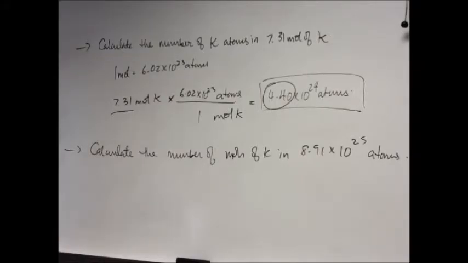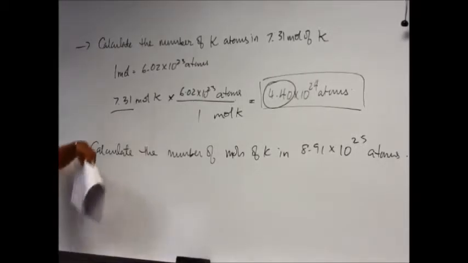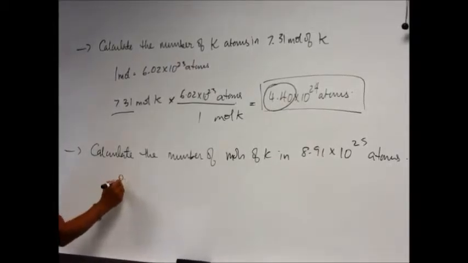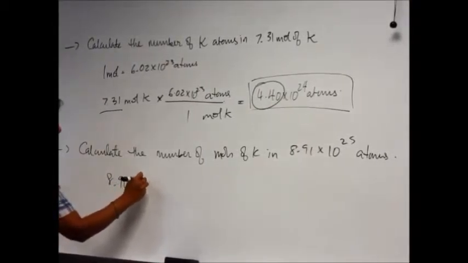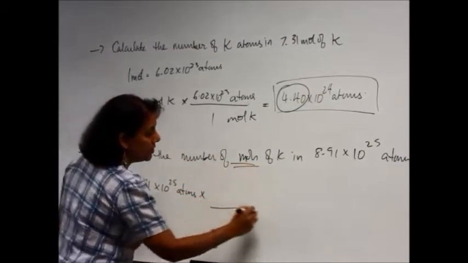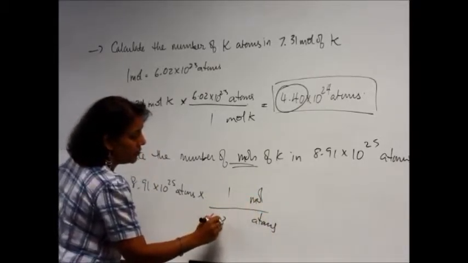I know I write fast, and this pen has absolutely no friction on the board, so it just flows. You don't even have to write calculate if you don't want to. What's the number of moles in 8.91 times 10 to the power 25 atoms? Now your starting point is 8.91 times 10 to the power 25 atoms times, and now you need to calculate moles. Keep moles on the top, atoms down here, and 1 mole, 6.02 times 10 to the 23 atoms.